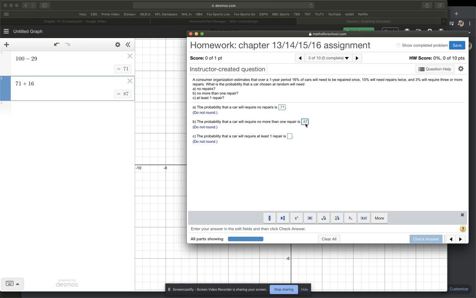The probability that a car will require at least 1 repair. At least 1 means 1 or more. So 16% need 1, 10% need 2, so that brings us to 26%, and 3% need 3 or more. So 16, 10, and 3 is 29%, so 0.29.